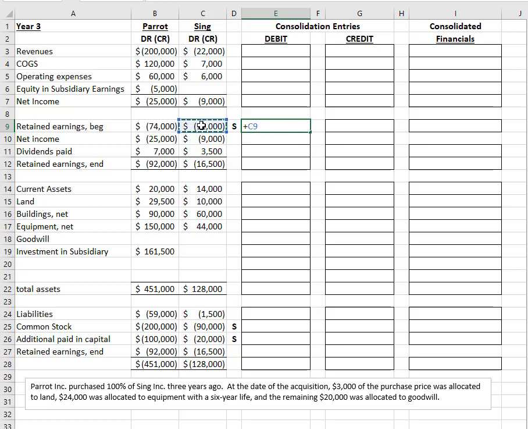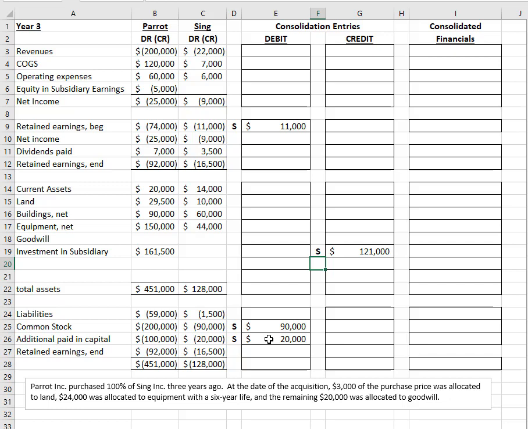Since positive numbers are debits and negative numbers are credits, we're going to be debiting here, so get our signs correct. Okay, so there is the S entry, and the other side of that will be the investment in. And we'll add those 3 up. And there's your S entry to get rid of the book value of the subsidiary.